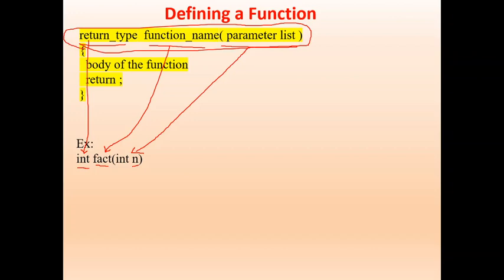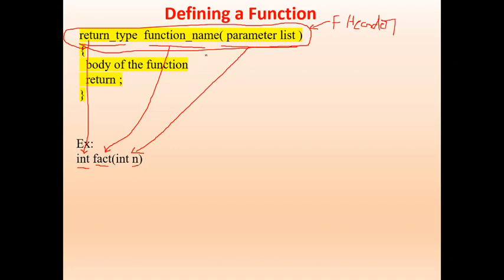Just as your head is in the top position, in the same way the function header is also in the top position. Below the function header, you have the body of the function.